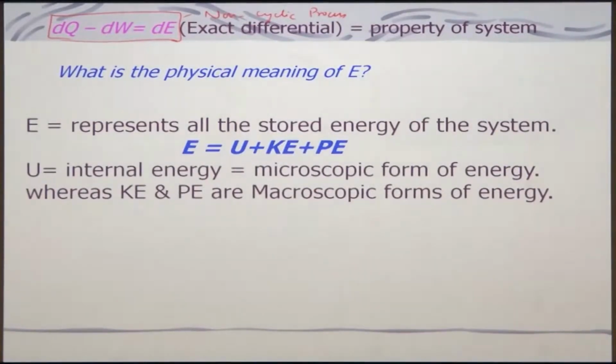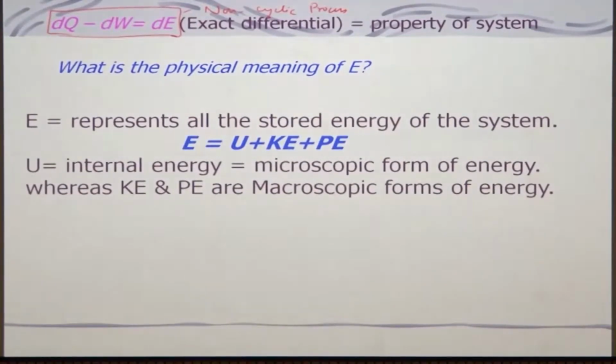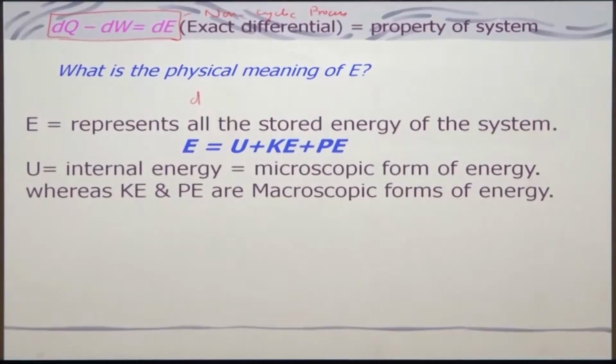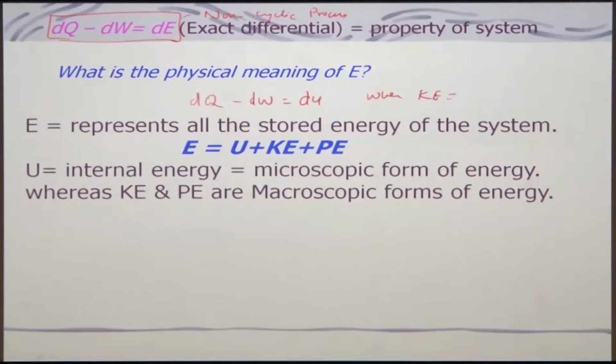In most of the cases, kinetic and potential energy are neglected because of being small. Therefore, if KE and PE are small, I can write dQ minus dW is equal to dU when KE and PE are very negligible, right.